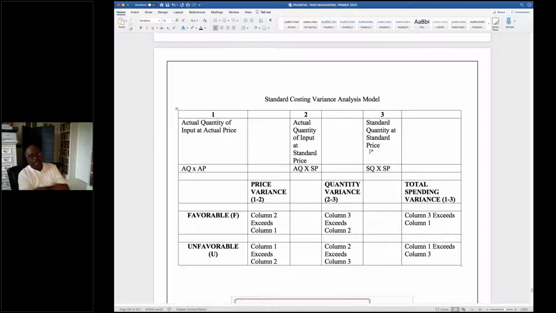Typically, there are two types of variances. There's a price variance. So we're dealing with ink: was the ink bought at the appropriate price? We always assume that, but in actual practice, we'd have to make sure that happened. And quantity. There was so much ink that we're supposed to be using in making the book. Were we at standard? So there's two variances, price variance and a quantity variance.